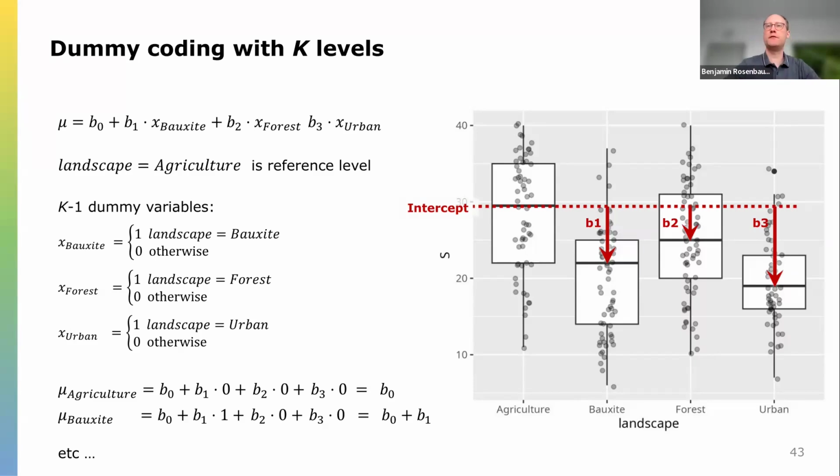So I just wanted to, for the sake of completeness, show you how it is done. But basically, I think it's sufficient to look at the figure at the right-hand side. You're fitting an intercept, which is the reference level's mean, and then you're estimating the differences to this reference level for all the other levels.